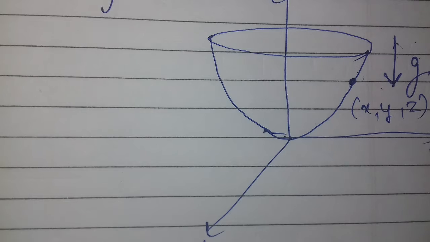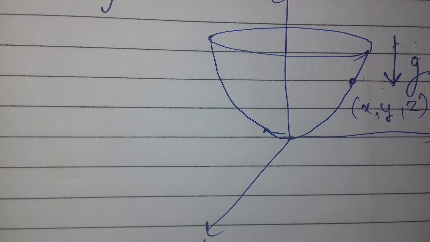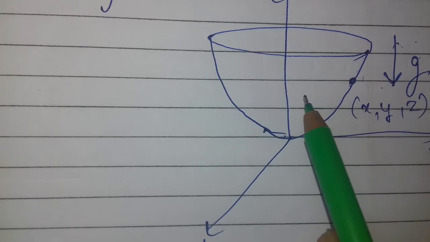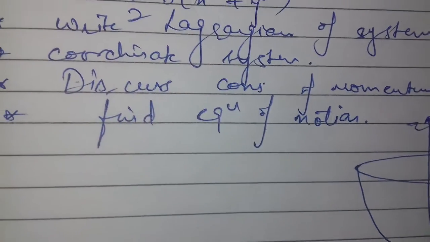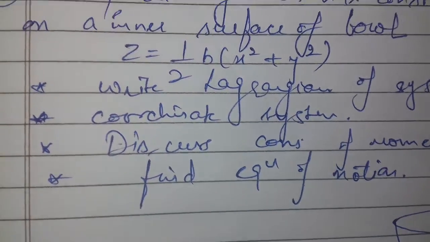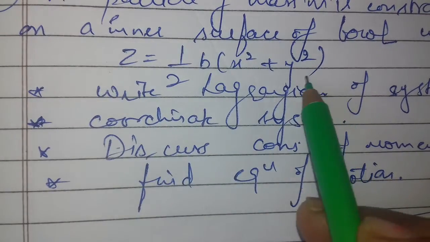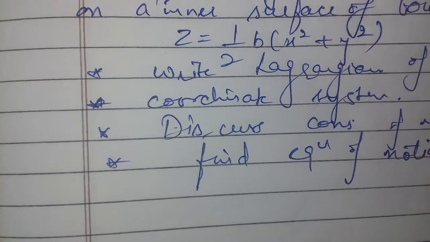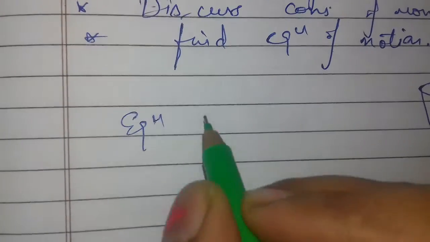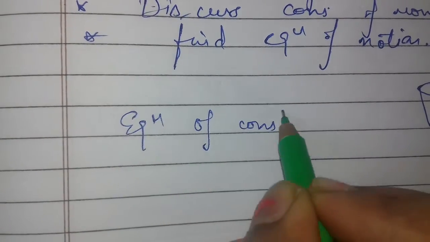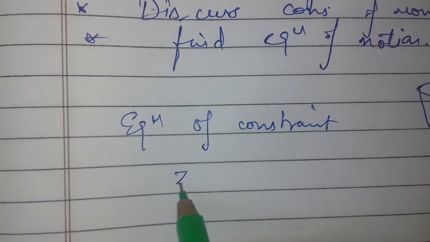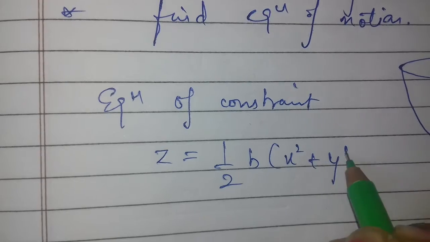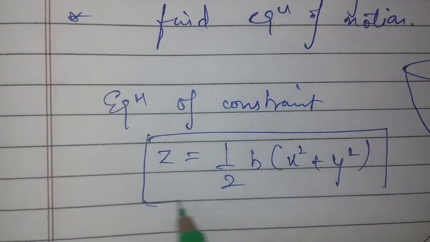If it was free, then it has 3 degrees of freedom, but it is constrained to move on the surface of this bowl. So always, your particle must satisfy this equation. This is its equation of constraint, that it is only allowed to follow this. So this is your equation of constraint.